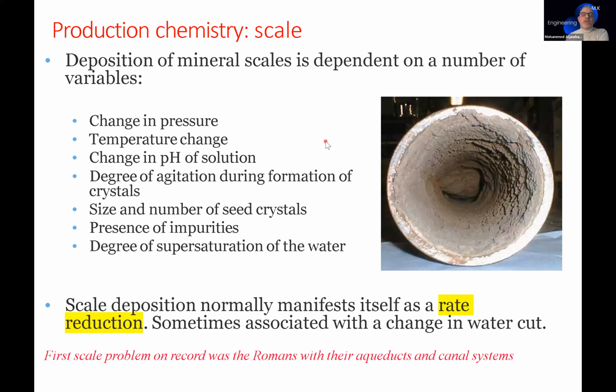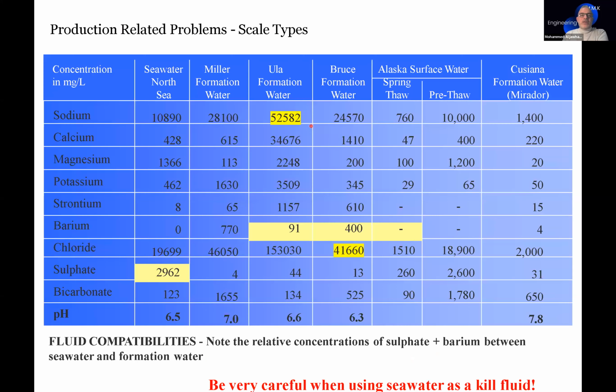So what we have to consider is change in water cut, if there is any change in water cut, and we have to do lab chemistry for indication of the scale. So concentration in milligrams per liter.